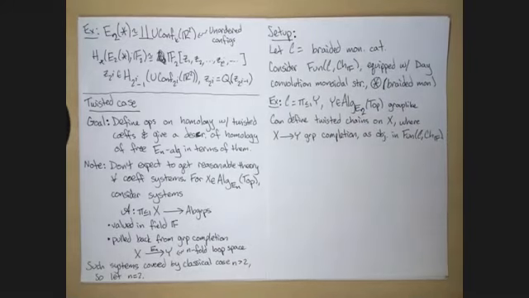And so twisted chains on X actually make sense as an object in this category. And so this is a reasonable category to work in if we want to define operations. And actually, it solves a lot of problems.